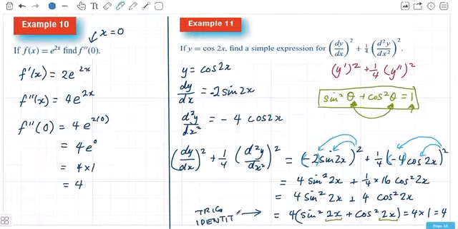That's the key thing, which is in the question: find the simple expression. So it's not just finding an expression, but finding the simplest form of expression. Your answer for that one ended up being 4 after all that work. So again, the key thing here with second derivatives is reading the question, making sure you're finding either the second derivative at a point or simplifying an expression where you needed to find the second derivative.